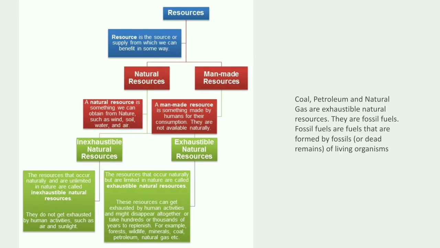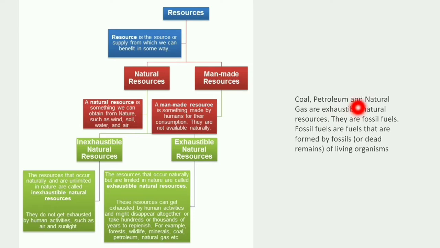That means they can be completely used up someday. So, we need to conserve them. Okay, because I have already mentioned that they formed after millions of years. So we cannot make them in an instant, right?